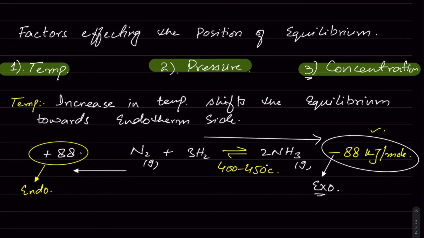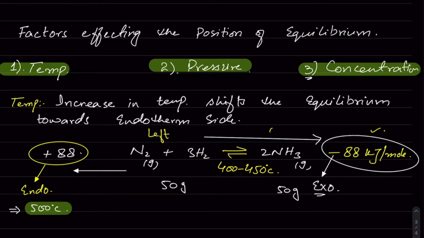If you increase the temperature, let's suppose you make the temperature 500 degrees C. Suppose the amount of reactant in the equilibrium state was 50 grams, and the amount of product is also 50 grams. If you increase the temperature, equilibrium will shift towards the endothermic side, and the endothermic side is the left side, or reactant side.